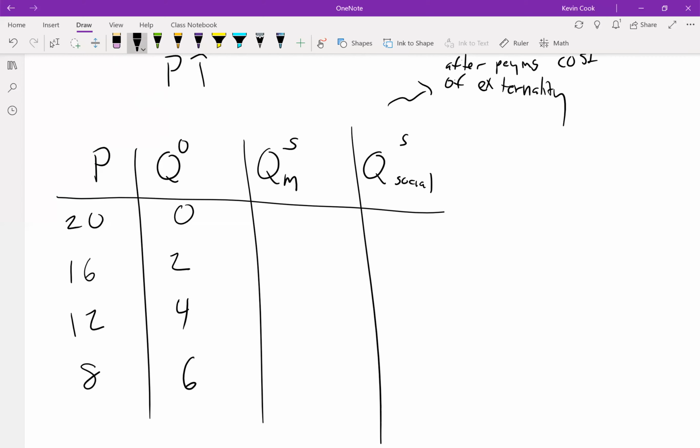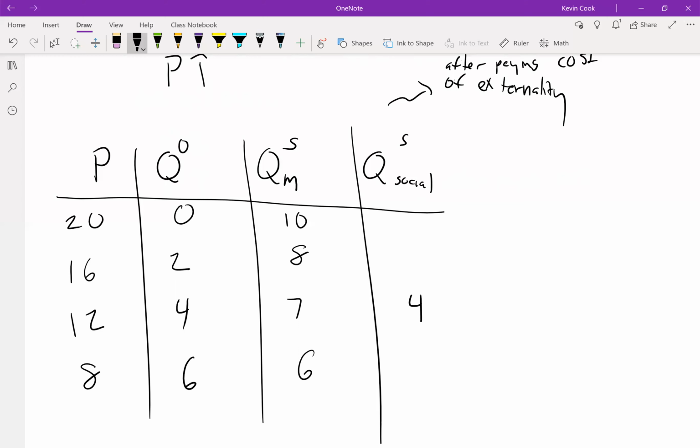And say our market supply goes 10, 8, 7, 6.